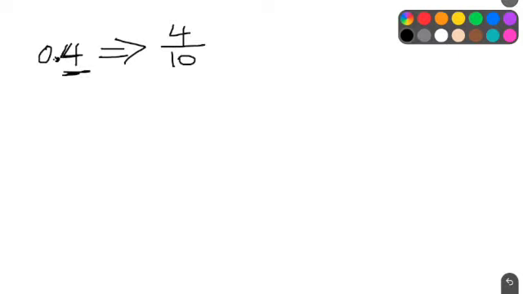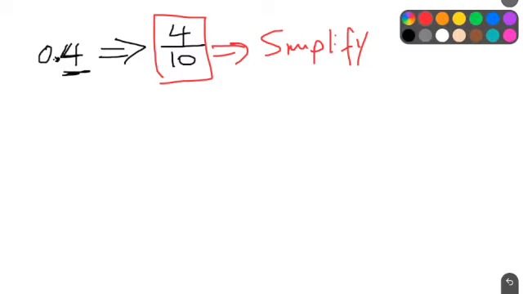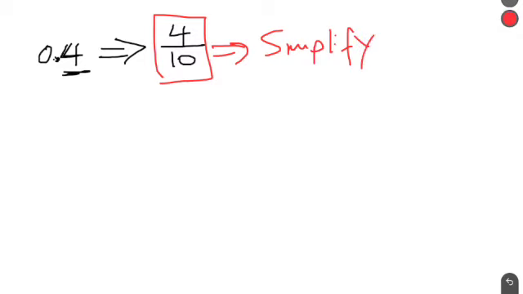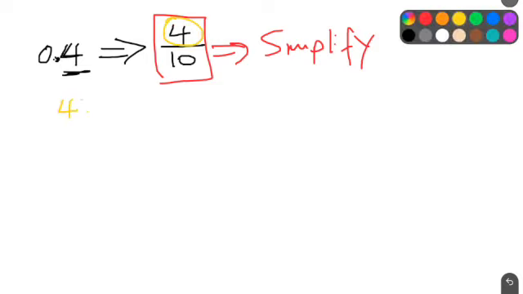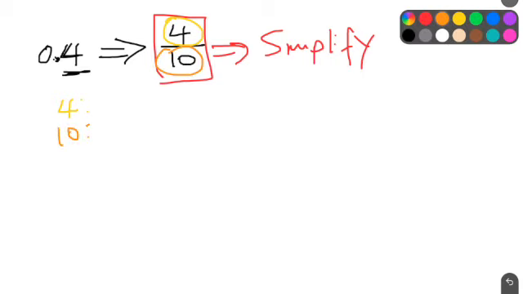Is our fraction in simplest terms? Now we need to simplify it. To simplify, we want to get all the factors of 4, and all the factors of 10. So let's do that now.